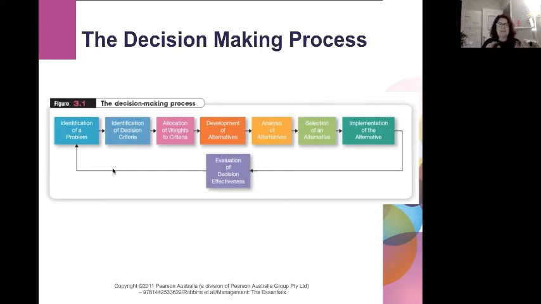We're going to make the assumption that you're a manager and you need to make a decision to buy a new car for whatever reason. And so we're going to walk through these 8 steps, which are, first of all, identifying what the problem is, then identifying the criteria that we're going to use to make the decision, the allocation of weights to those criteria, development of the different alternative solutions that we might have, then the analysis of those different solution alternatives, finally the selection, and then implementation.